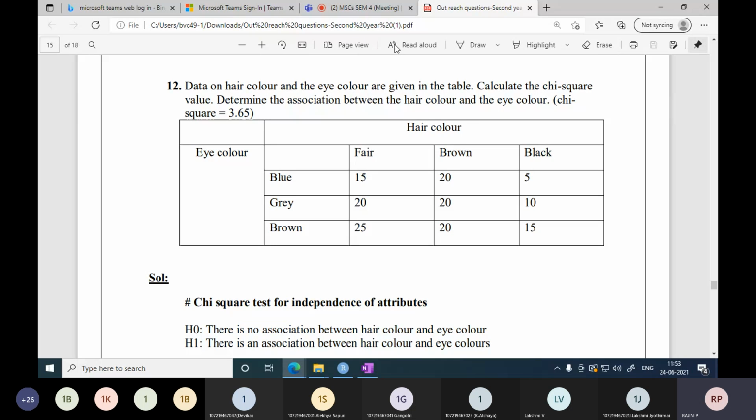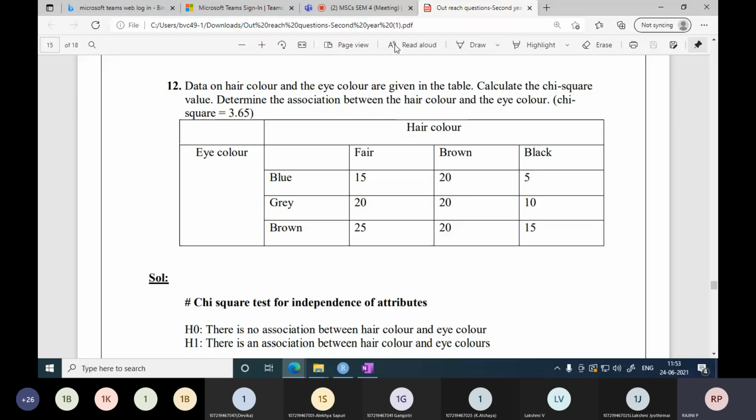Association here means a dependency relation. If the attributes are dependent, there will be a relation. If they are independent, there will not be any association. So between hair color and eye color, is there any association or not? That means we need to check whether the attributes are independent or not.